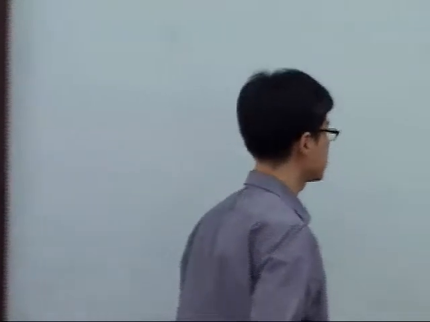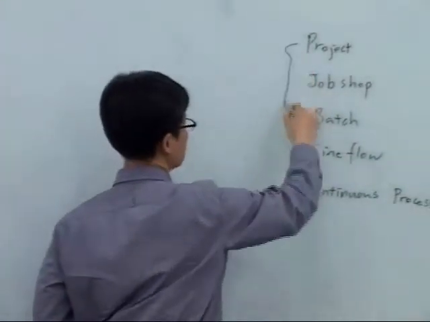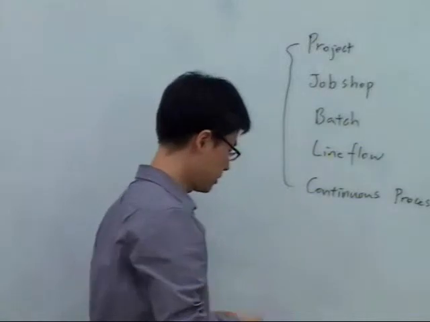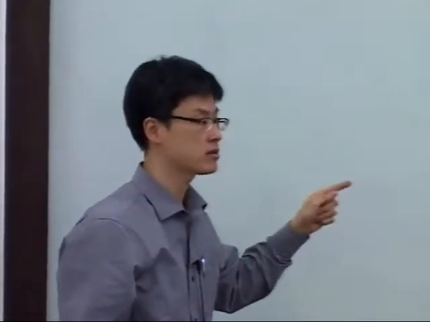It is intentionally ordered like this. Can you explain, based on what characteristic, do you categorize the processes into these five?